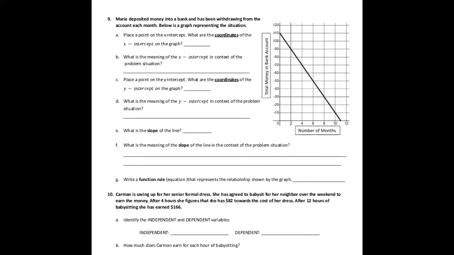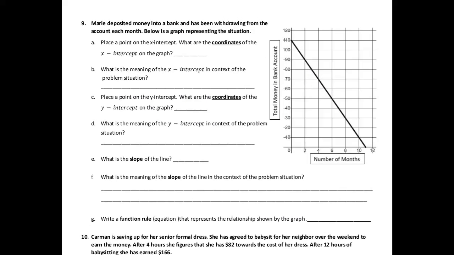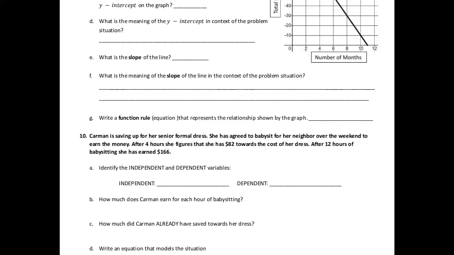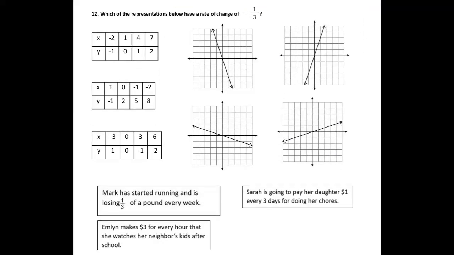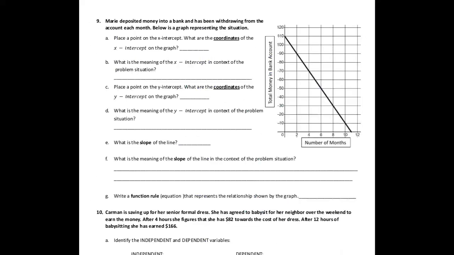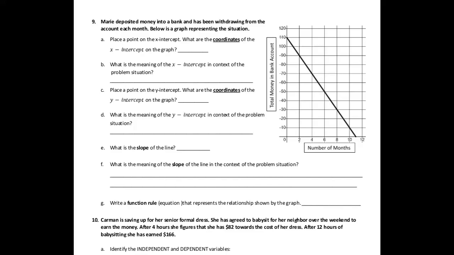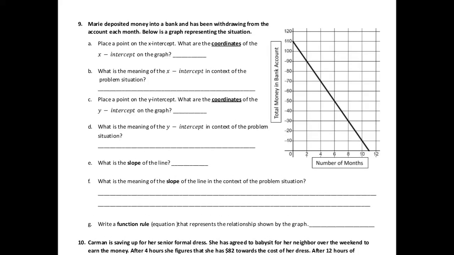So we got 2 pages. Try to get through this as much as we can. Does anybody have a specific question about 9, 10, or 11, 12? Otherwise, we'll just go through 9. Okay, we'll just go on to 9 then.